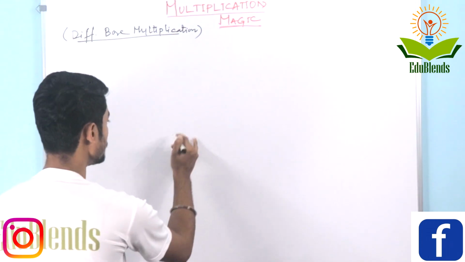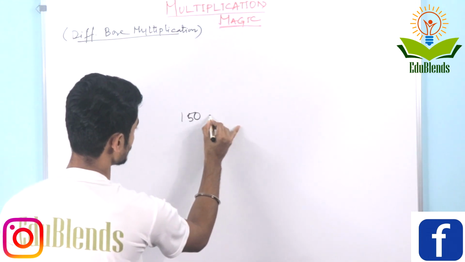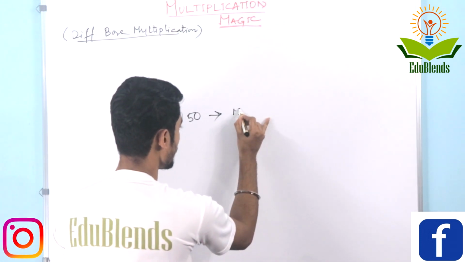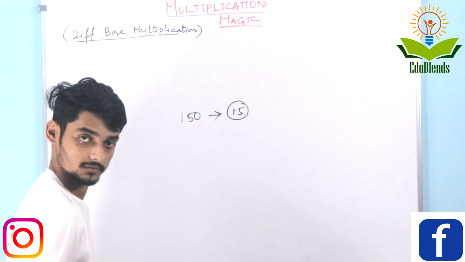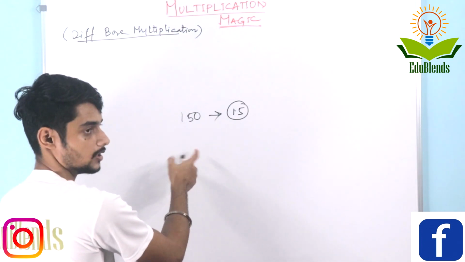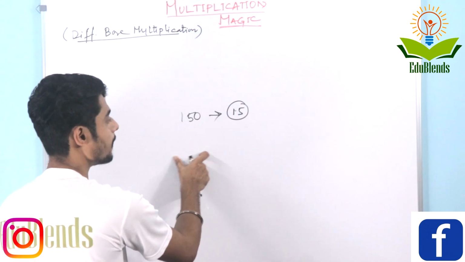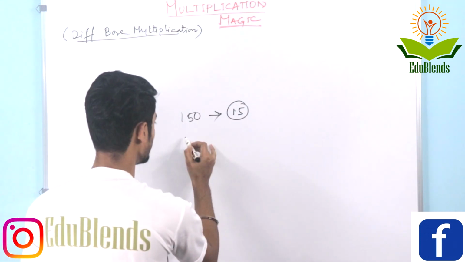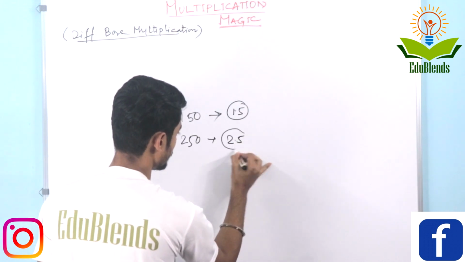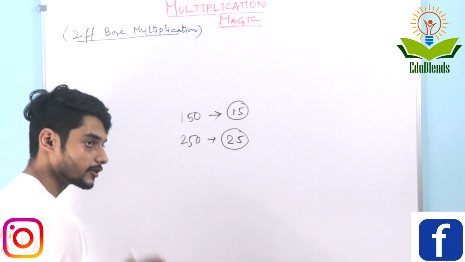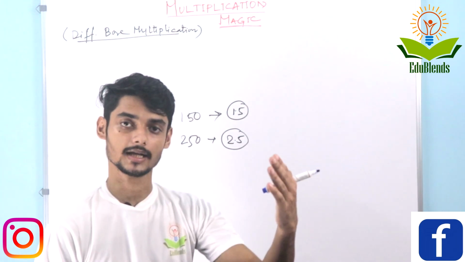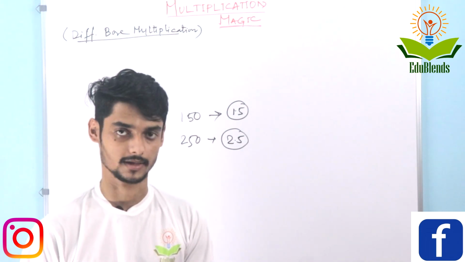Like if base is 150, just simply multiply the other number, the one with which you are multiplying, with 1.5. And if base is 250, just take 2.5, like this. For 350, multiply the other number with 3.5, like that.